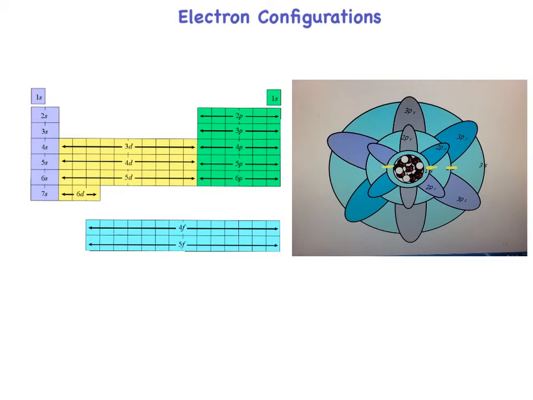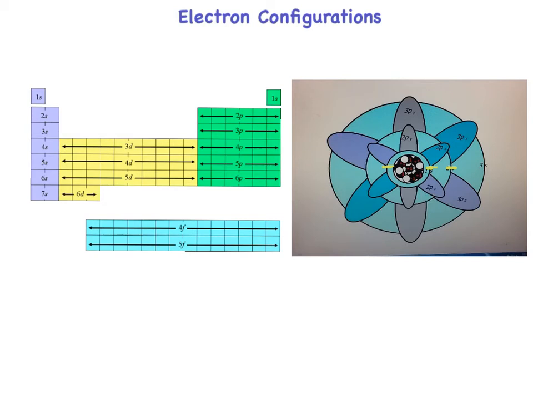Next to lithium would be beryllium. Beryllium's atomic number is 4, meaning it has 4 protons and 4 electrons. So it has everything that lithium has with 1 additional proton and 1 additional electron. And so its 4 electrons are going to fill just like lithium's did. The first 2 are going to go into the 1s orbital. The next 2 are going to go into that 2s orbital.